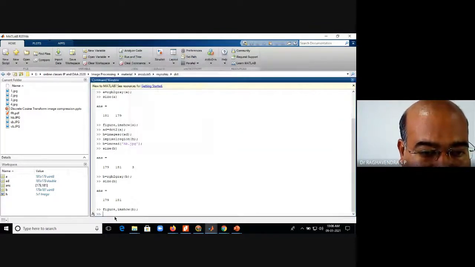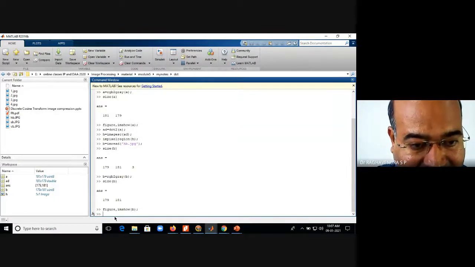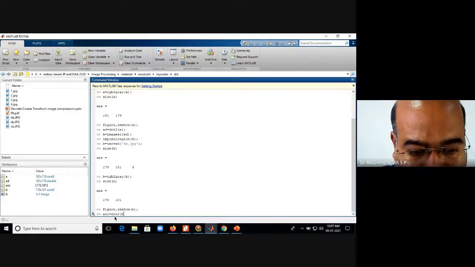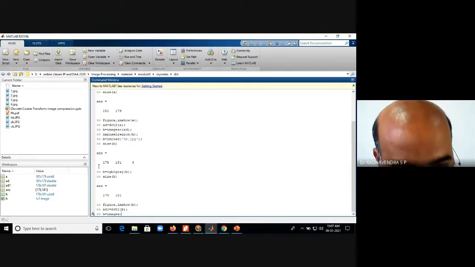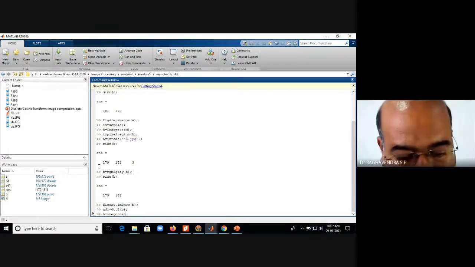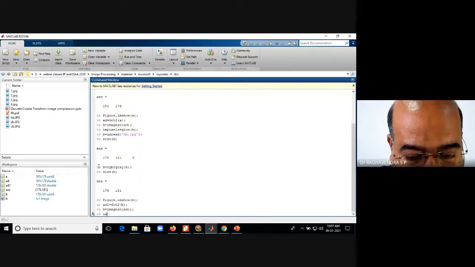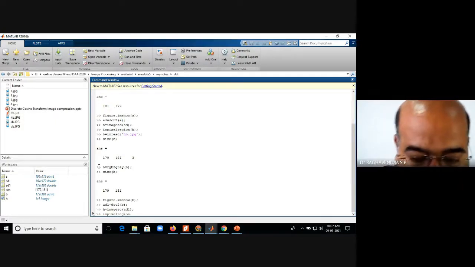Now I am going to apply the discrete cosine transformation once again on this. I take AD1, a new variable, equal to DCT2, discrete cosine transformation 2 of the input image, that is B. Then h is equal to imagesc of AD1. Then we have the function impixelregion of h.